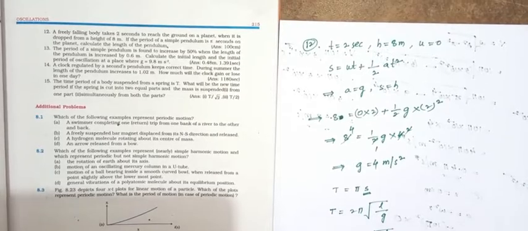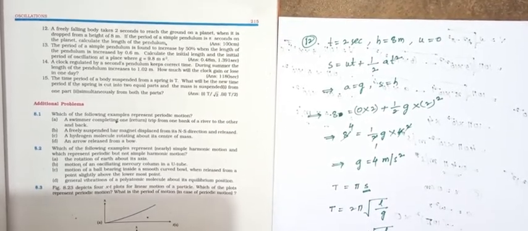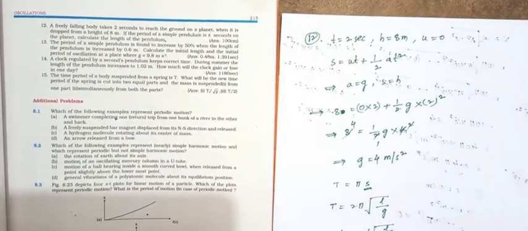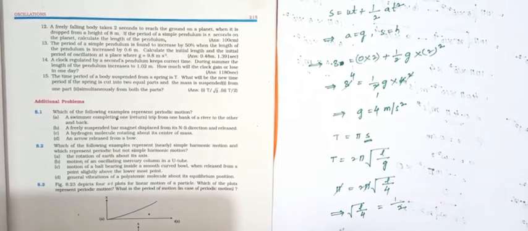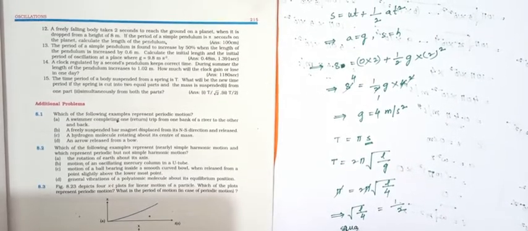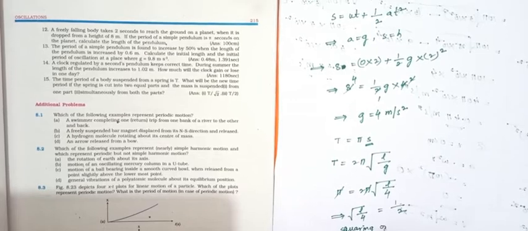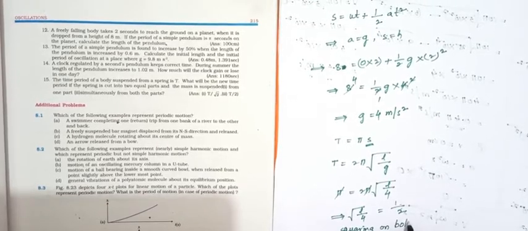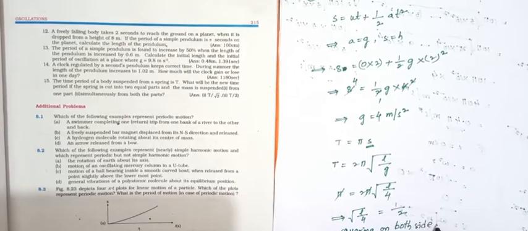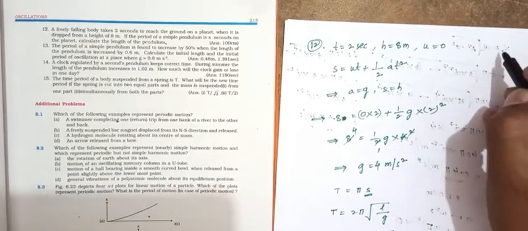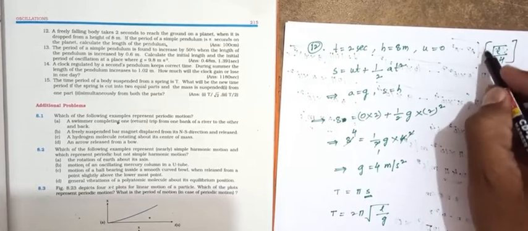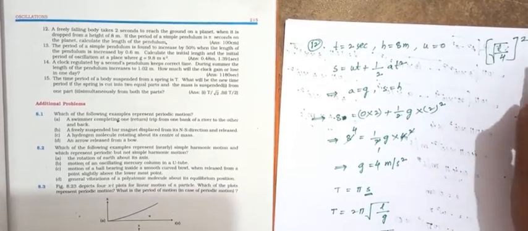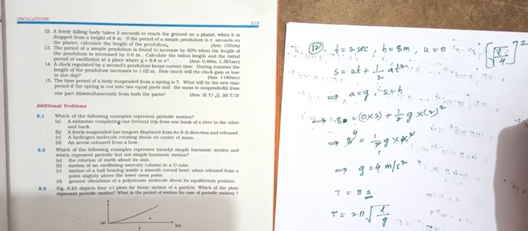Squaring on both sides, we get the equation: square root of L by 4, whole square, equals 1 by 2 whole square.